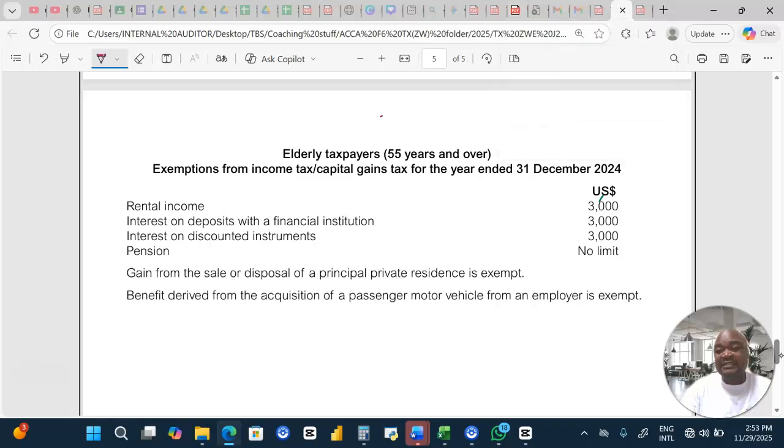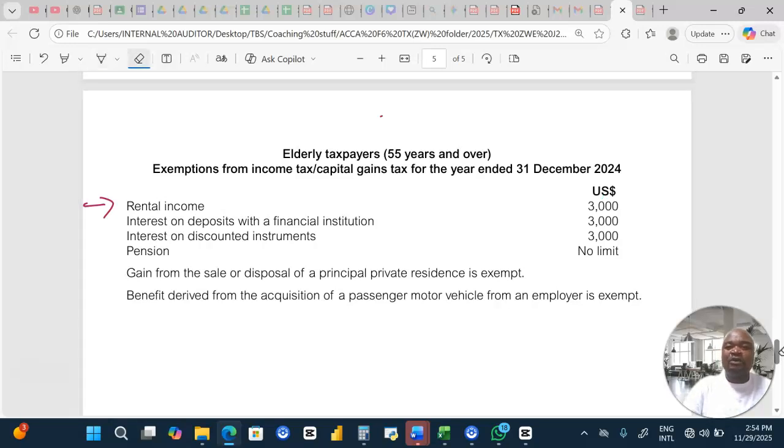So like I said, in the exam, when a similar question comes, go to the tax tables under elderly persons and you see whatever exempt income they have, here for rentals. If they own an apartment and they are renting it out, remember that they are elderly people, so they are entitled to a 3,000 tax credit on that income.